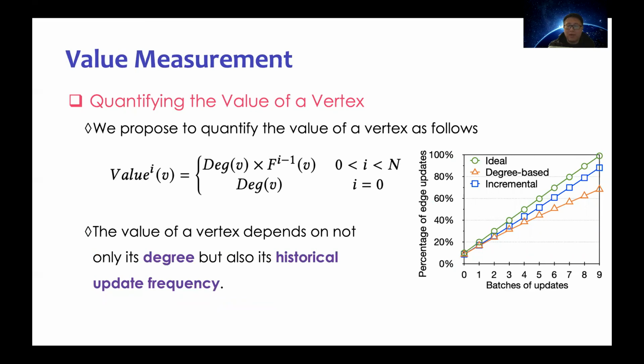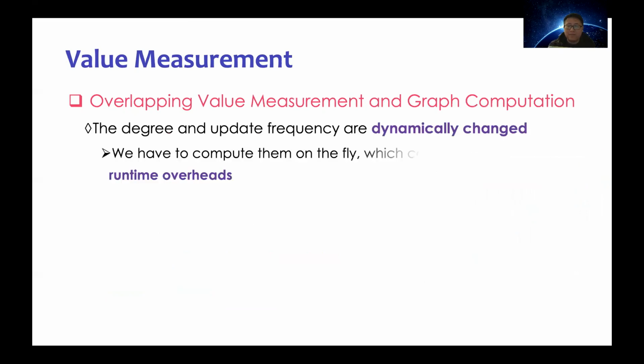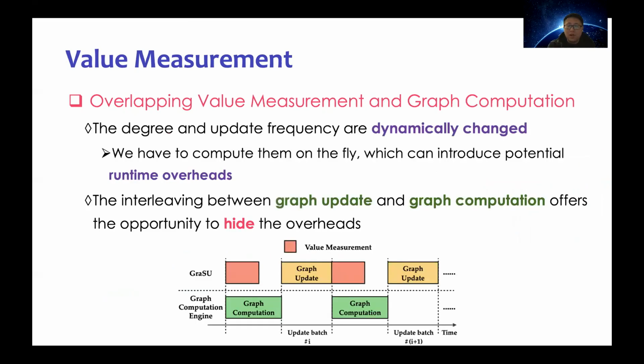To make a precise prediction, we quantify the value of a vertex depending on not only its degree but also its historical update frequency. While this new approach is accurate, its overhead can be large. Fortunately, we found that the interleaving between graph update and graph computation offers a chance to hide the overheads.